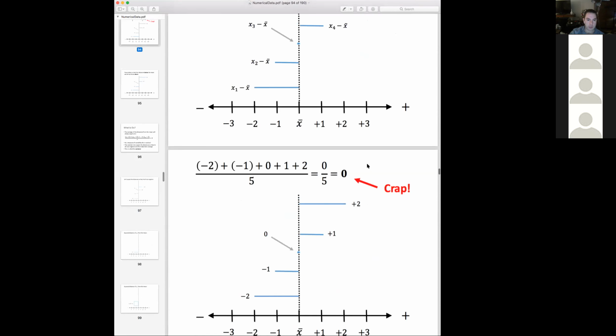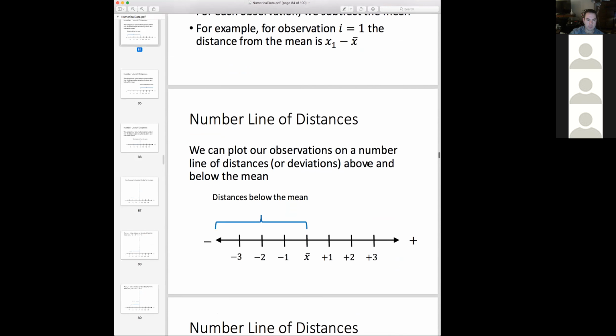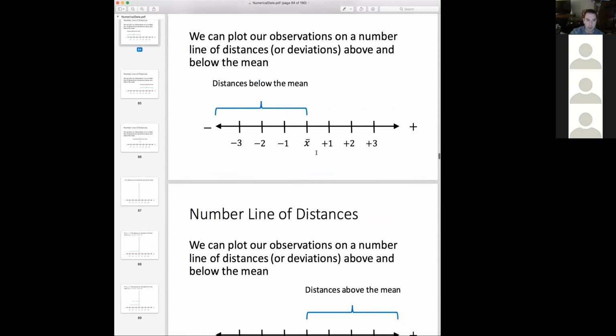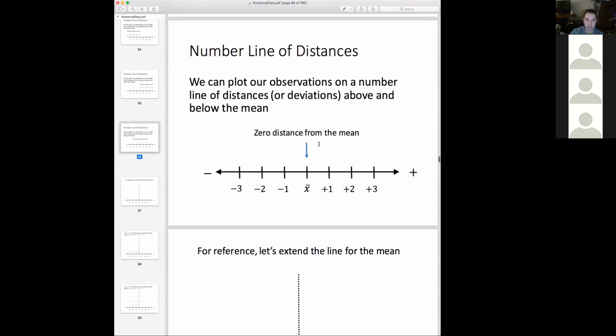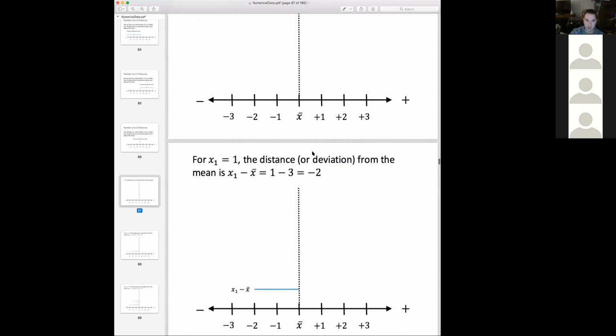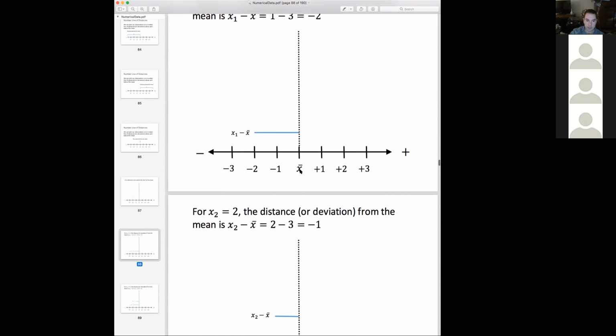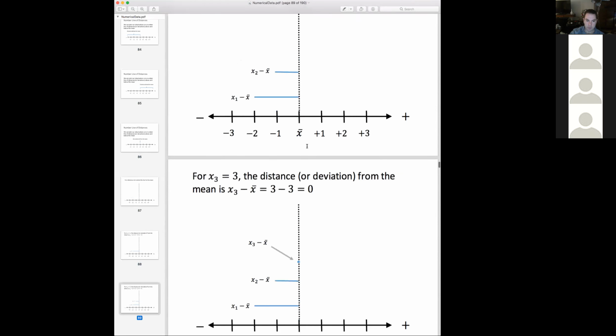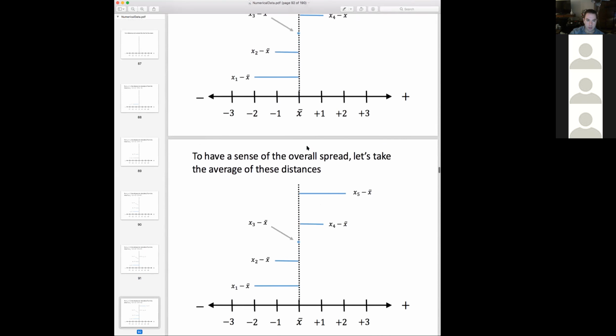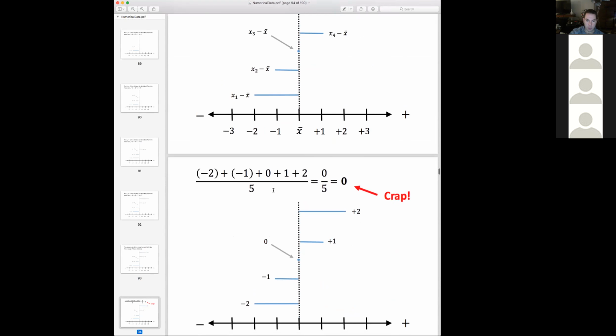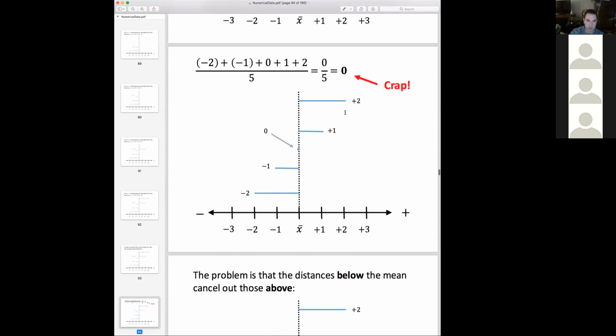And here, we're just going through the concept of, on a number line, finding the distance from the mean. Here we're adding up all the differences from the mean for each sample in the set. When you average them, in this example, you get 0.